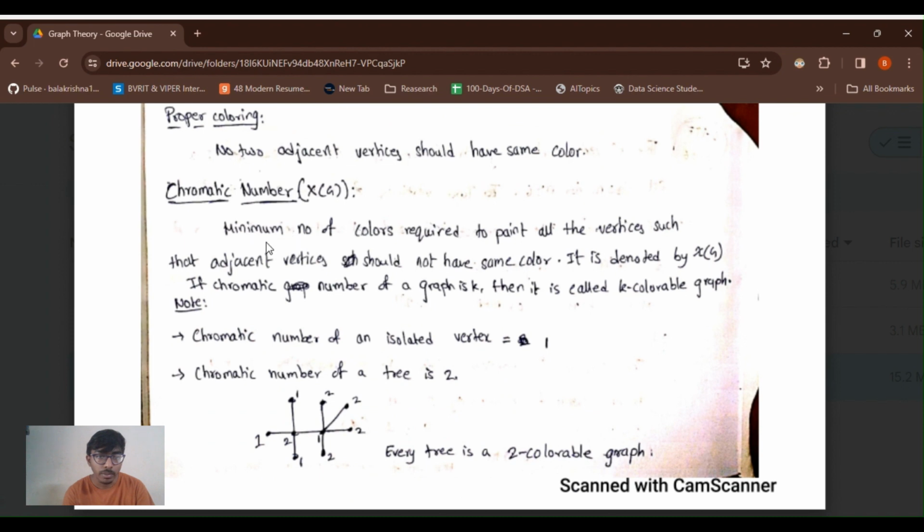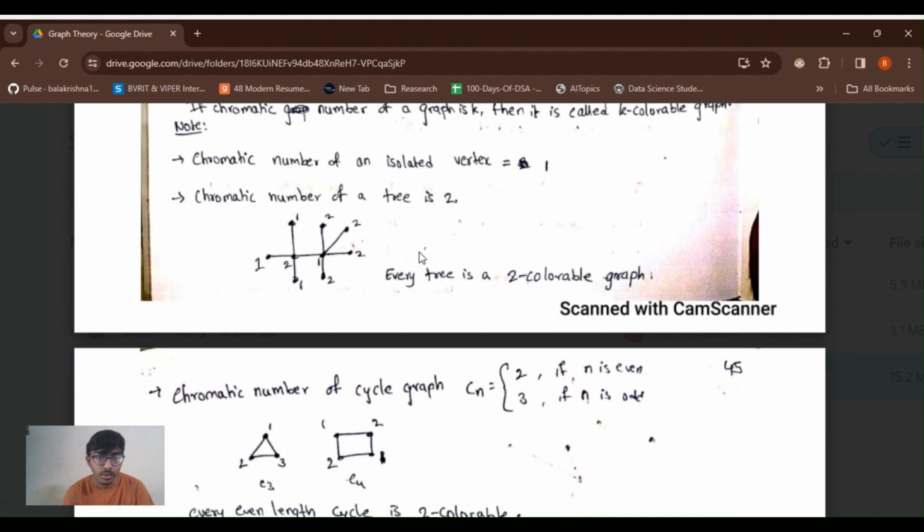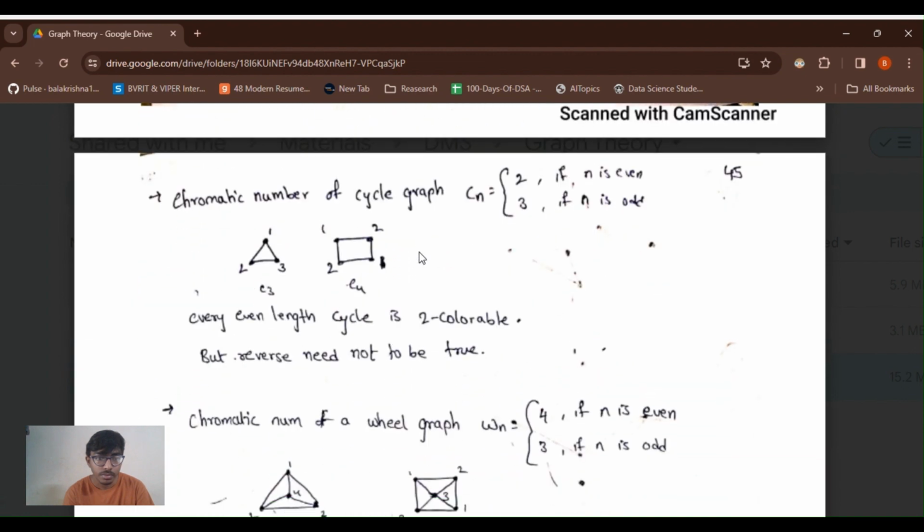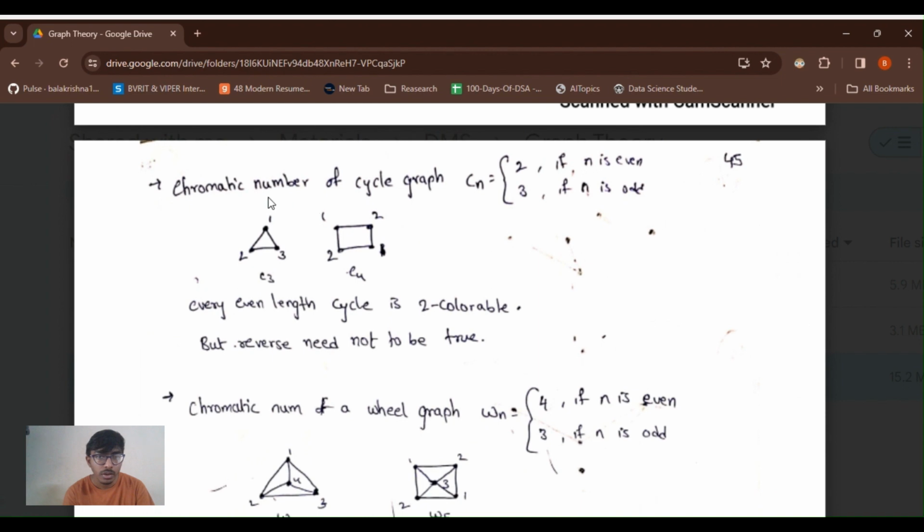Chromatic number is the minimum possible number of colors required to color the graph. The chromatic number of a cycle graph will be 2 if n is even, and 3 if n is odd.